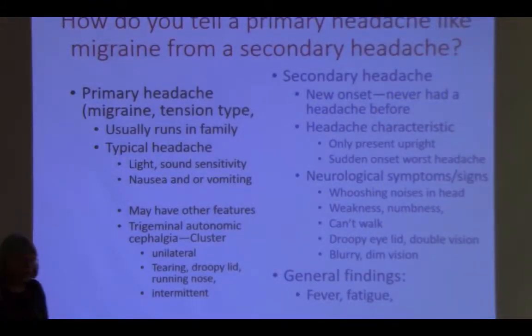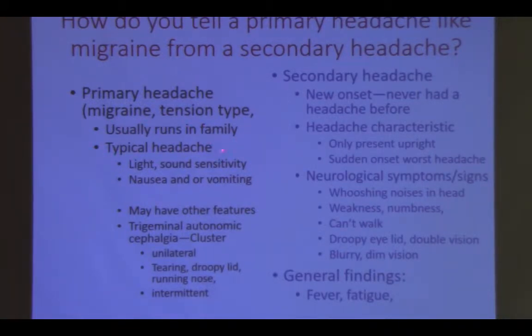So the question I know all of you want to know is, how do I tell whether I've got just a migraine, tension type headache, or whatever, compared to a secondary headache like high pressure or low pressure? There are some features that help us know whether it's a secondary headache or a primary headache disorder. Primary headache disorders like migraine and tension type usually run in families.